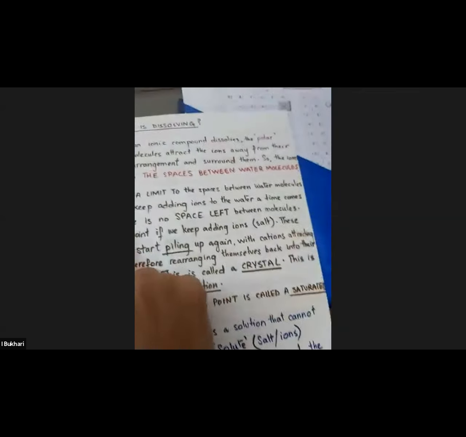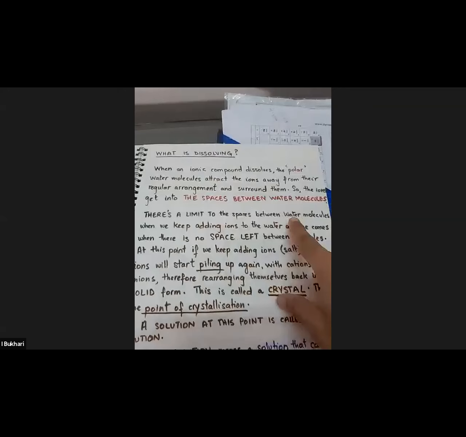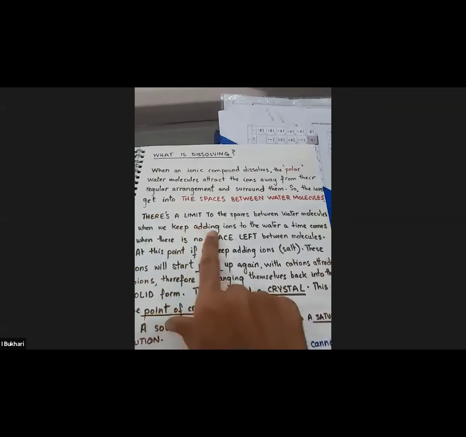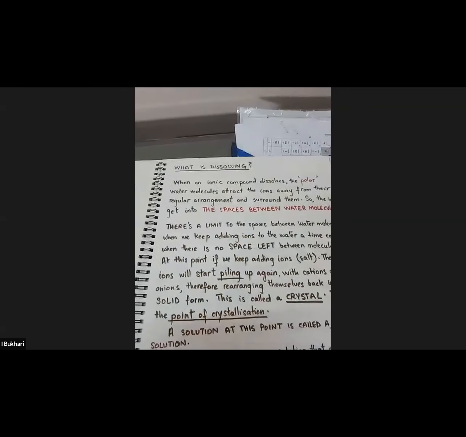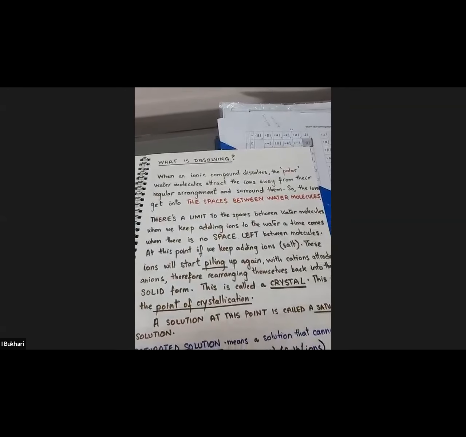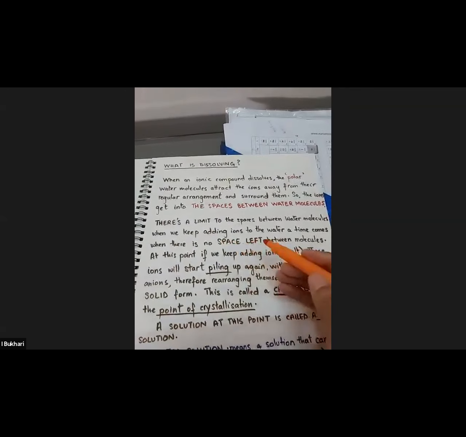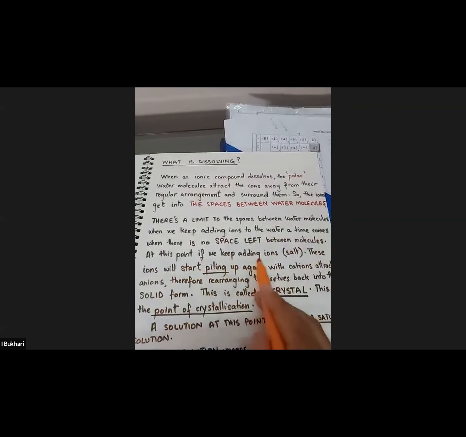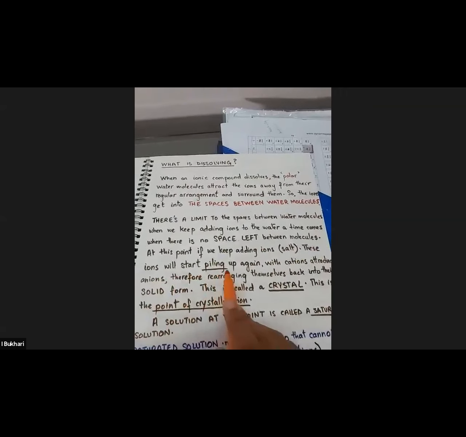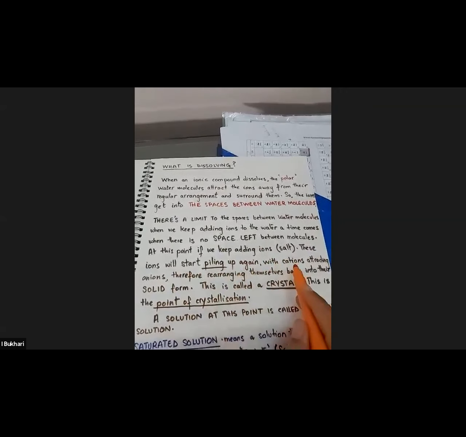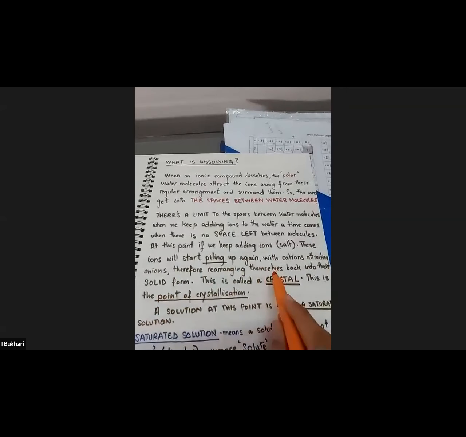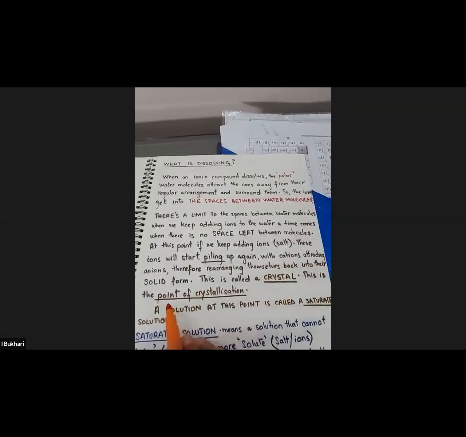So there's a limit to the spaces between water molecules. When we keep adding ions, meaning salt, to the water, a time comes when there is no space left between the molecules. At this point, if we keep adding ions or salt, these ions will start piling up again, with cations attracting anions and therefore rearranging themselves back into their solid form.